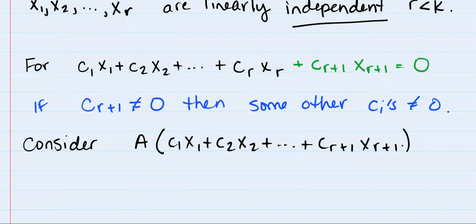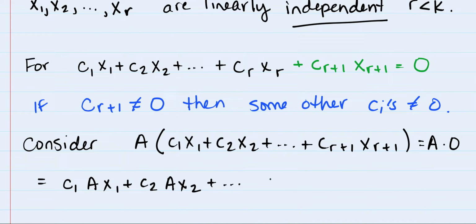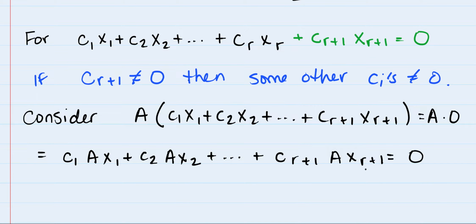If you apply A to this, you can send in the A. And then remember that these are eigenvectors, so you'll get c1 lambda 1 x1 plus c2 lambda 2 x2.